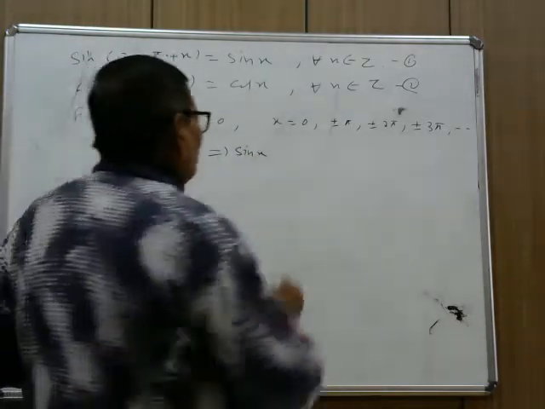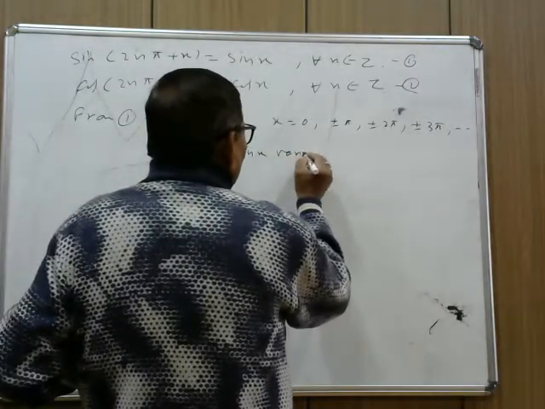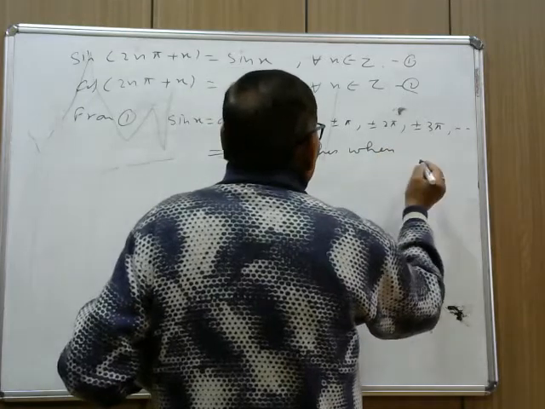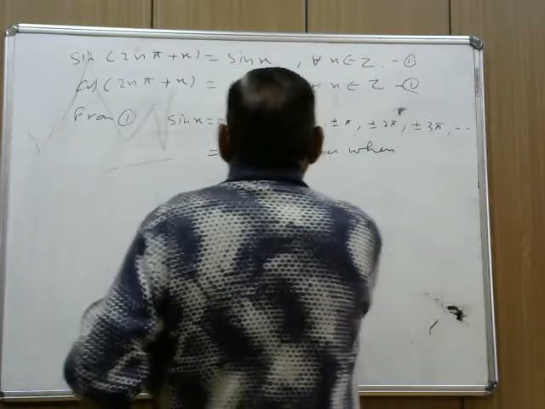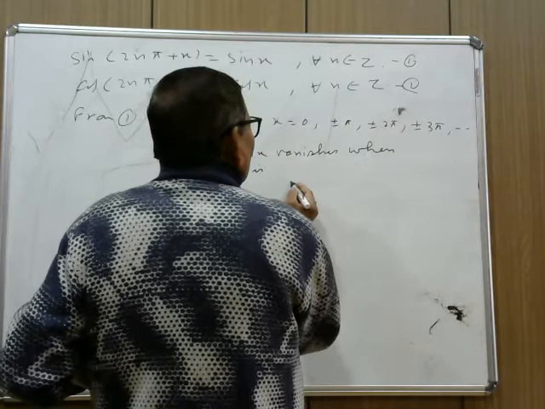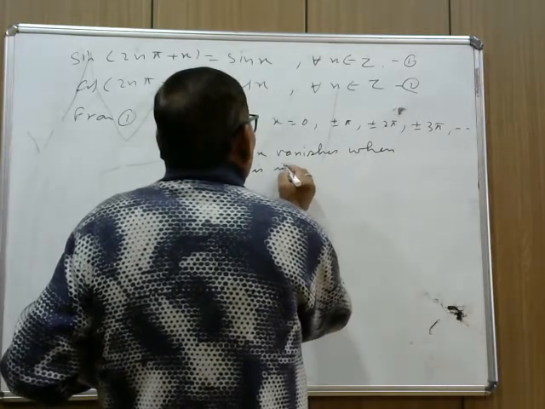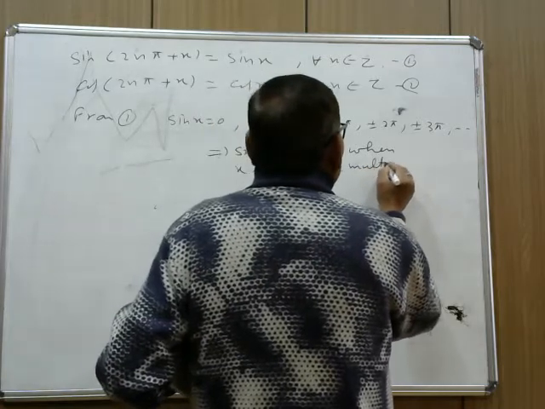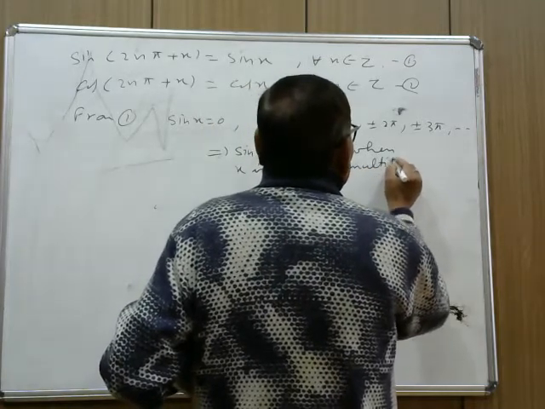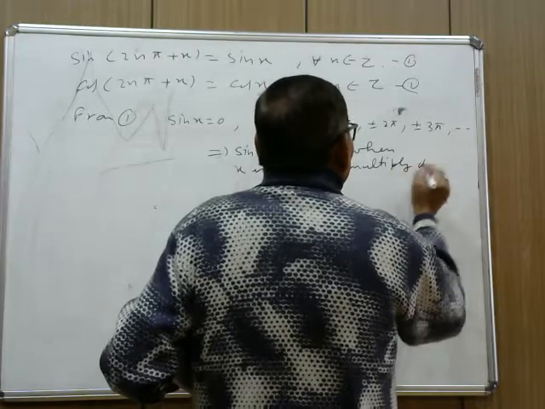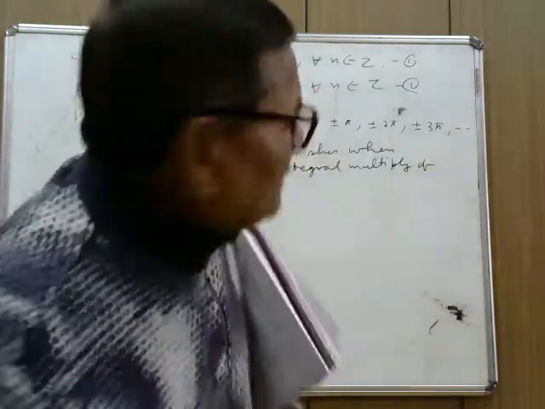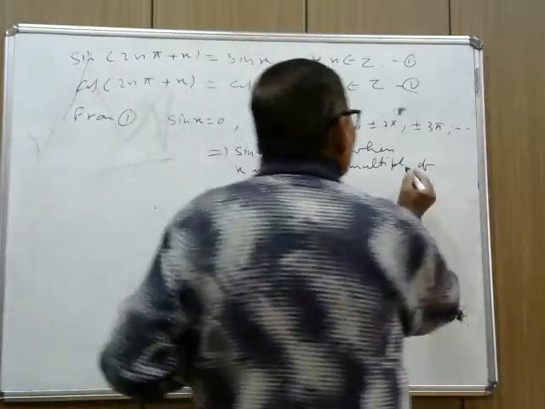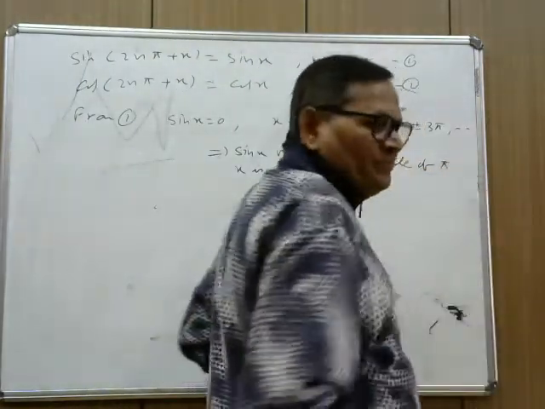Sin x vanishes when x is an integral multiple of pi.